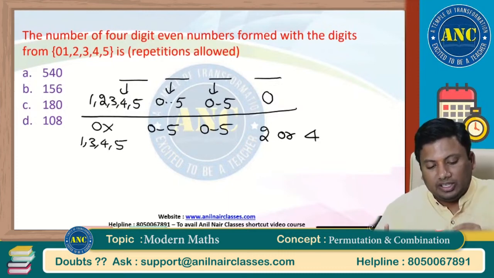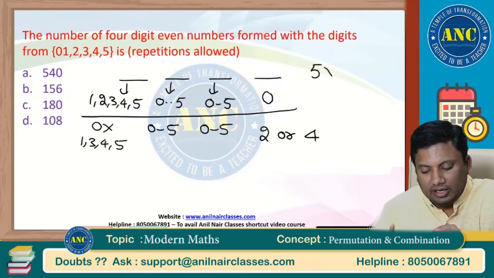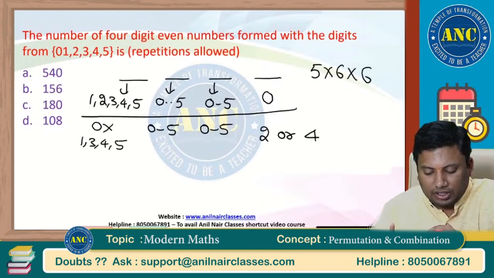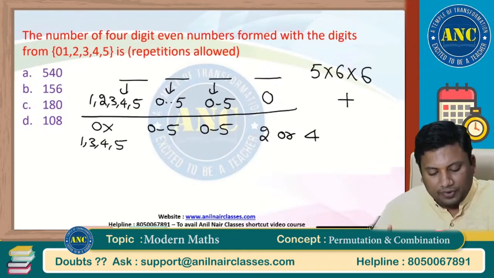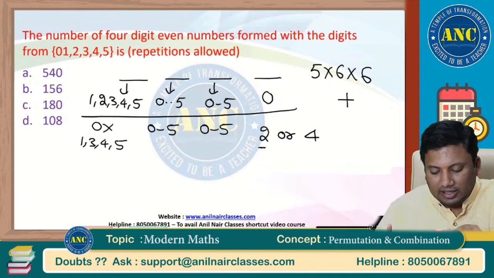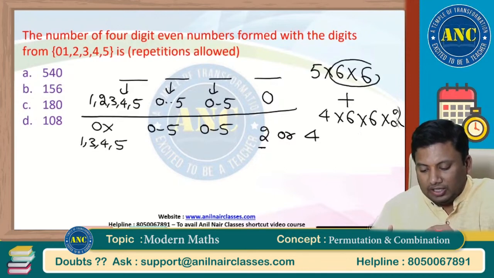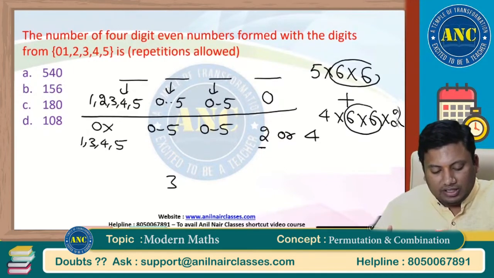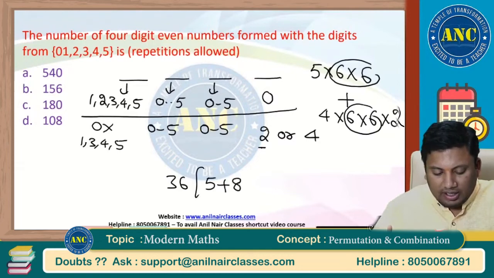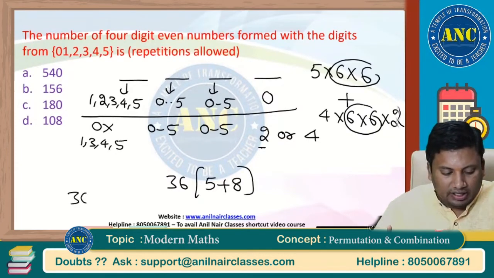With unit digit 0, how many cases are there? 5 into 6 into 6. Plus, with 2, how many cases are there? 4 into 6 into 6 into 2. 6 into 6 if I take common, which is 36, into 5 plus 4 2s are 8.